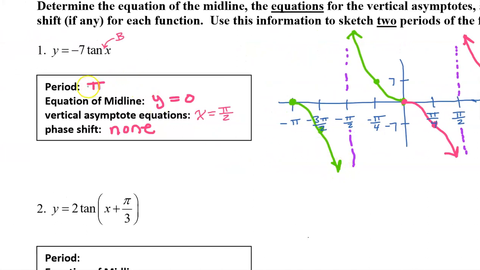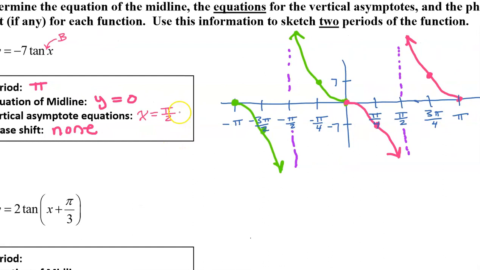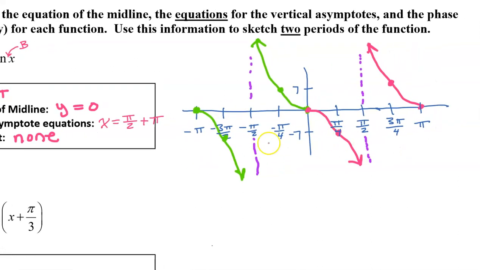So how long is the period? So looking back, the period is pi. So there will always be a connection between the equation of our asymptote and the period, because if I add the period, if I add pi, that will give me another asymptote.